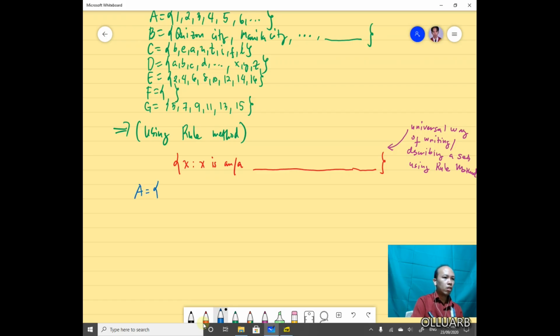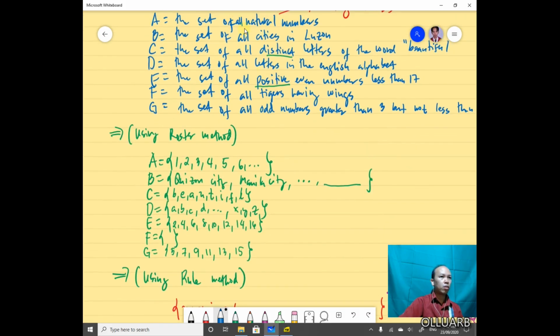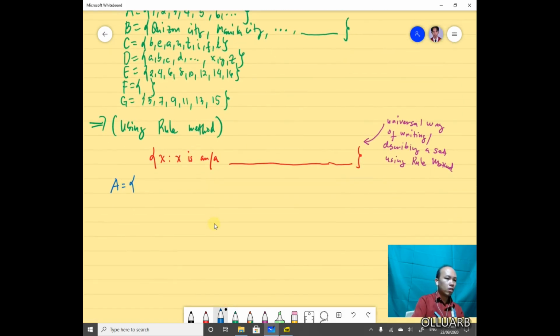It says here to recall your example, the set of all natural numbers. So this is the set, so let's copy: the set of all x such that x is a natural number.